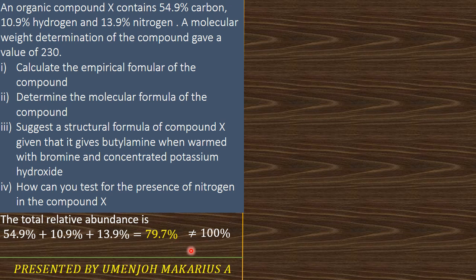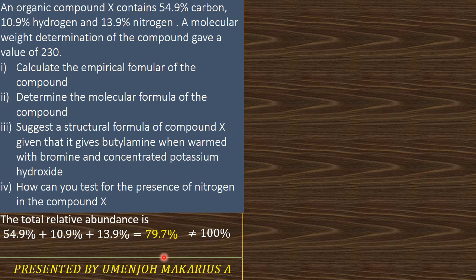That tells us that there is a certain percentage of oxygen in this compound, though the question did not tell us. Since the sum is not equal to 100%, the other fraction is for oxygen.